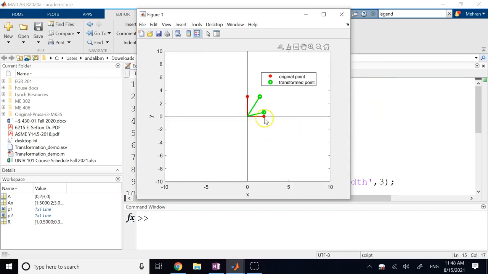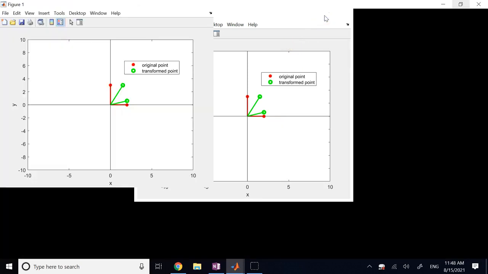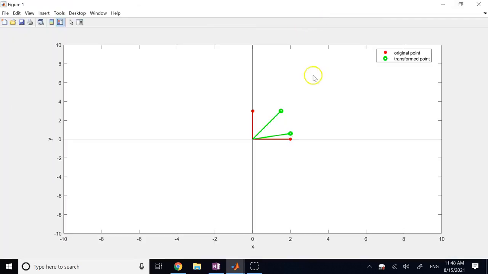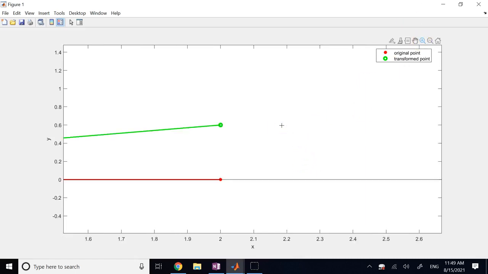So these two in red are the two sides of the original rectangular box, and now you see the angle between their transformed version is definitely not 90 degrees, and the numbers are changing now, correct? You clearly see that they are not exactly equal. Now, the scaling factor is not big, so you don't see much of a difference here. If you zoom in, you can see the difference a little bit better, right?